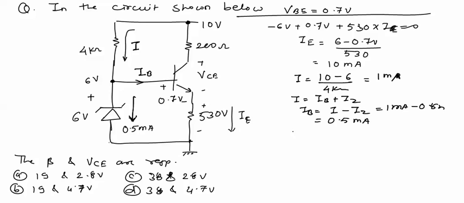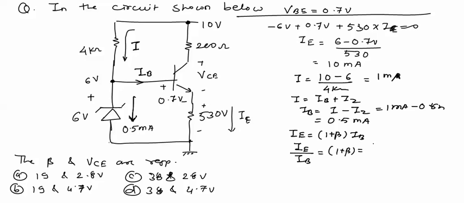Now we know that IE equals 1 plus beta into IB, so IE upon IB will be equal to 1 plus beta, and we know both the values.